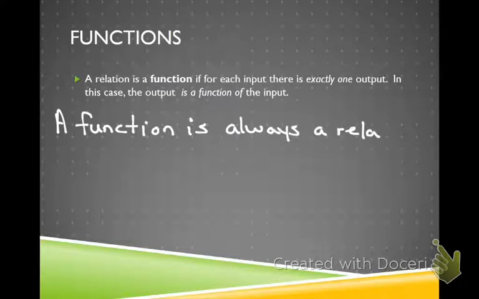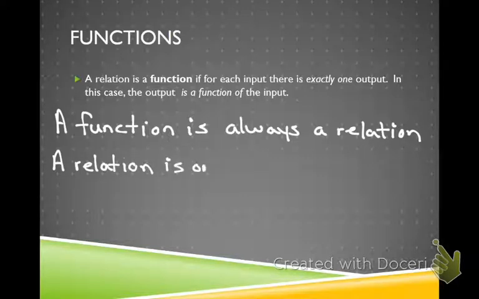Because remember, a relation is just a set of ordered pairs. That's all it is. That's the only criteria. It's just a set of ordered pairs together. But a relation is only sometimes a function. Just because it's a relation does not mean that it's a function.